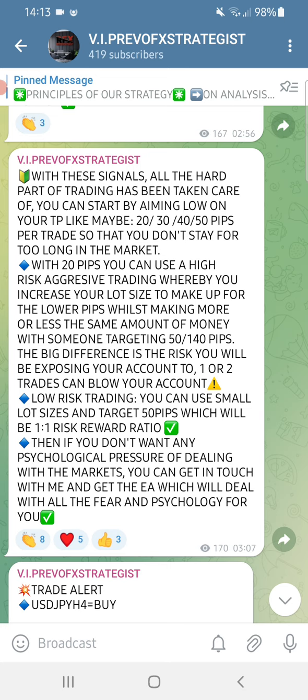That is what we call aggressive trading. With 20 pips, you can use high risk aggressive trading whereby you increase your lot size to make up for the lower pips, making more or less the same amount of money as someone targeting 50 or 140 pips.